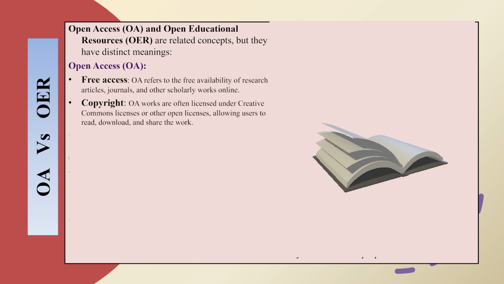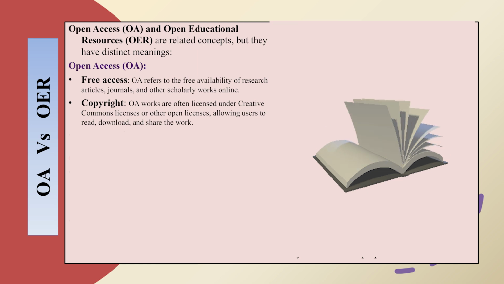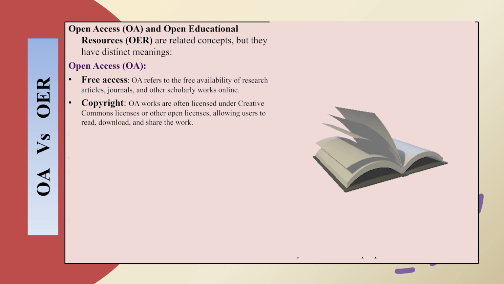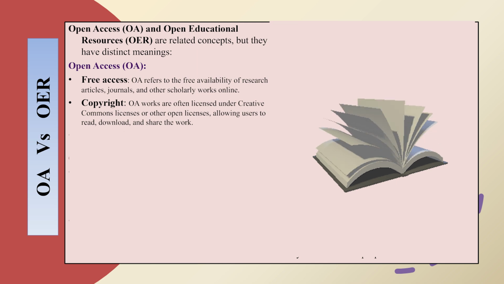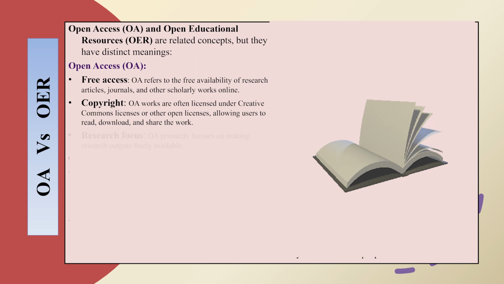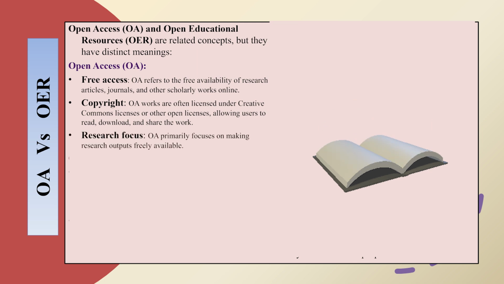Open access refers to the free availability of research articles, journals, and other scholarly work online. Such works are often licensed under Creative Commons or other open licenses, allowing users to read, download, and share the work. The focus is primarily on making research outputs freely available.